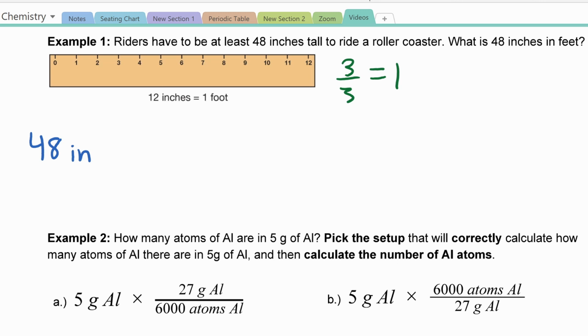We can write conversion factors as fractions as well. 12 inches over 1 foot. We can also write this as 1 foot over 12 inches. Because 12 inches and 1 foot are equivalent to each other, you can think of these fractions as being equivalent to 1.